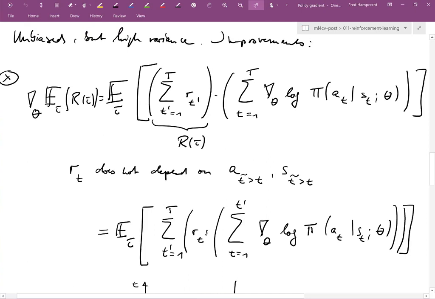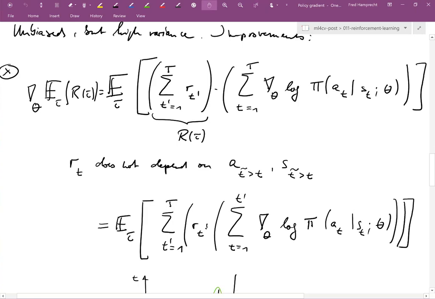The next equation here is just a rewrite of the previous one, where the second factor has been pulled into each of the summation terms that we saw.